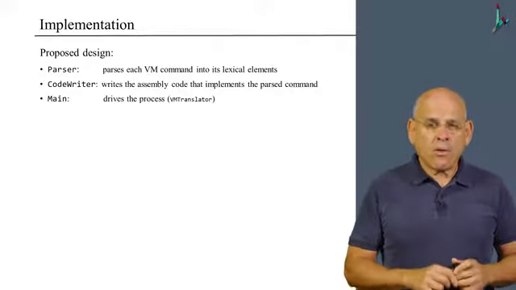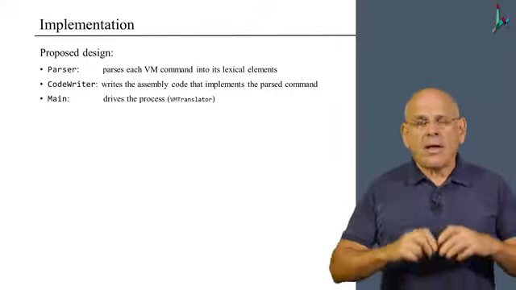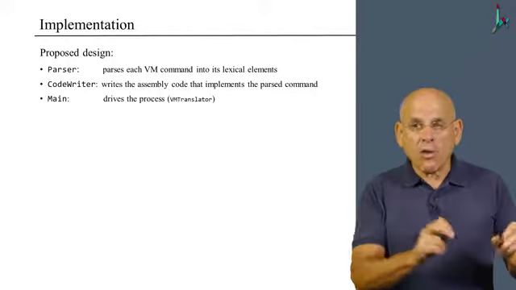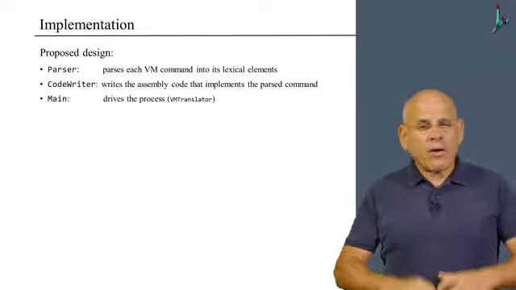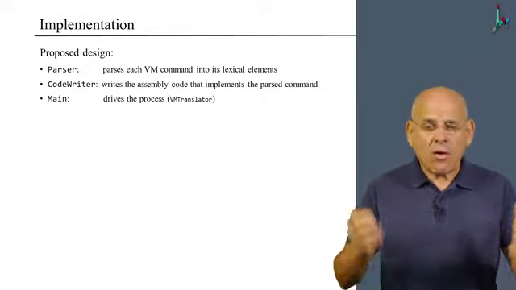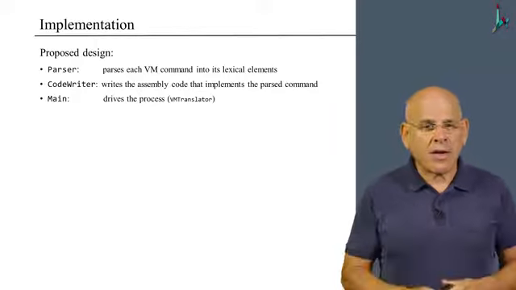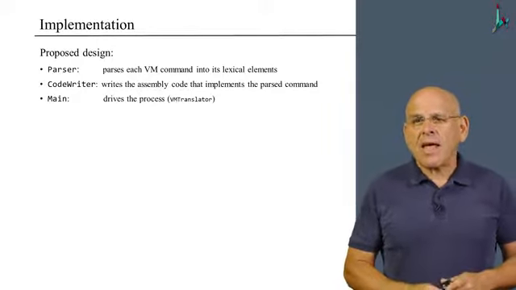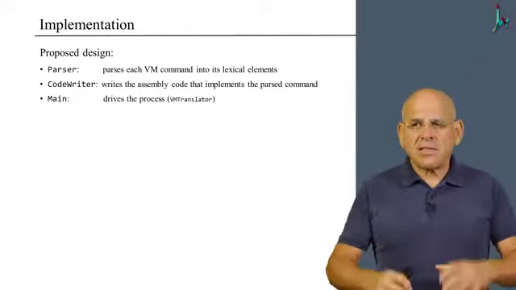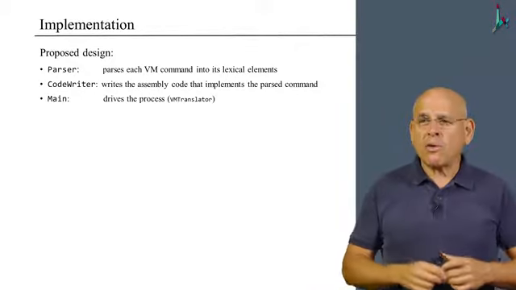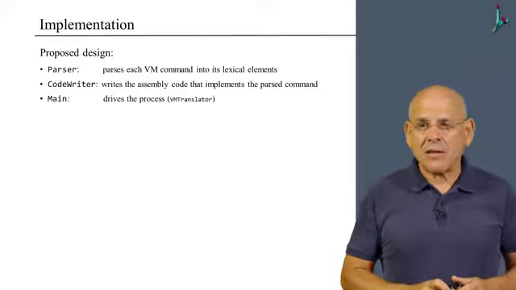So we propose to develop 3 standalone modules, or in the world of Java, 3 different classes: a parser class, a code writer class, and a main class. The main class is just a surrogate name for the class that we saw before, which will be called VM translator.